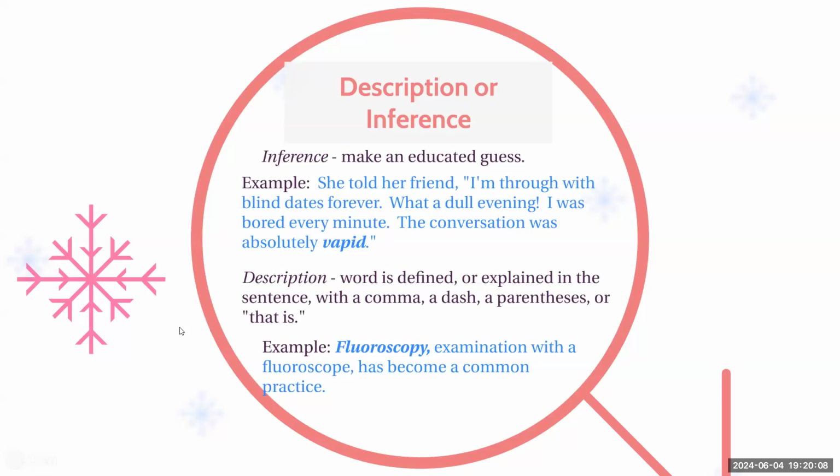The conversation was boring. It was dull. It made her not want to do this ever again. Yeah. So when we look at the things that are around it and we make an educated guess, that's called inference. Okay. And then the description is the definition. It's the same thing.